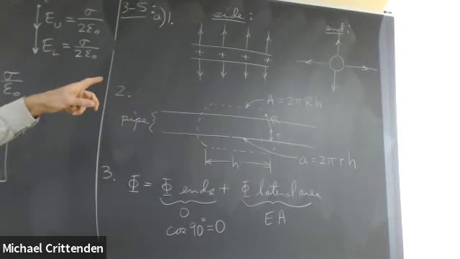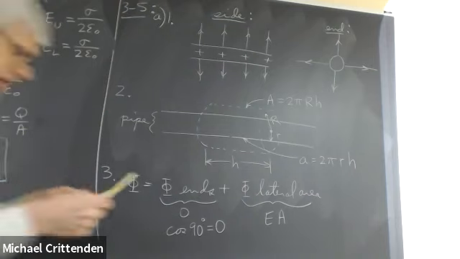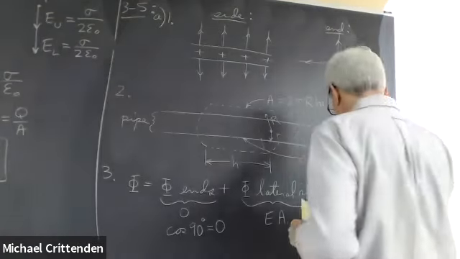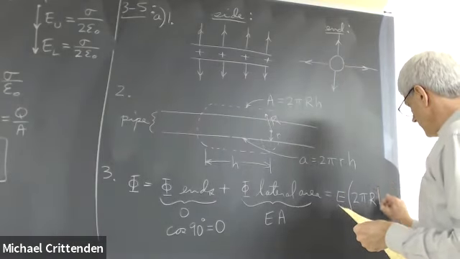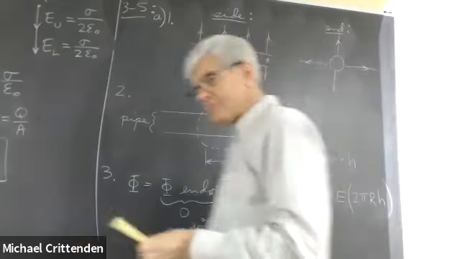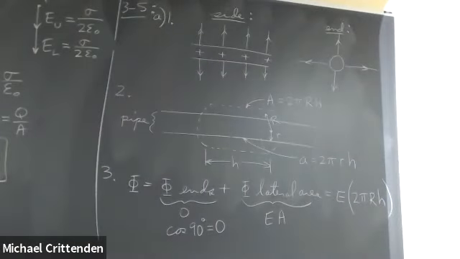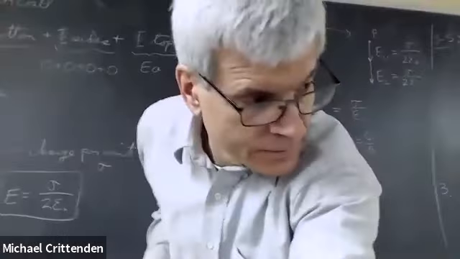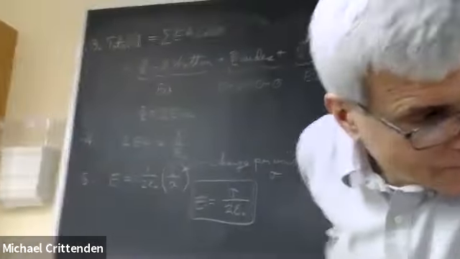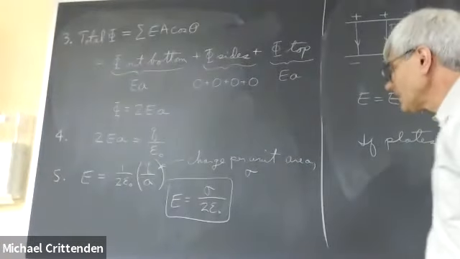And as I wrote a little further up, A is 2 pi r h, so there's my expression for the total flux passing through this closed surface. To be continued.